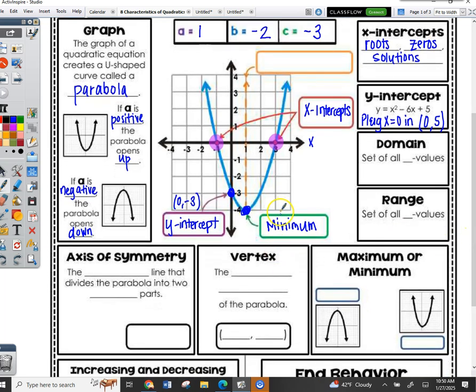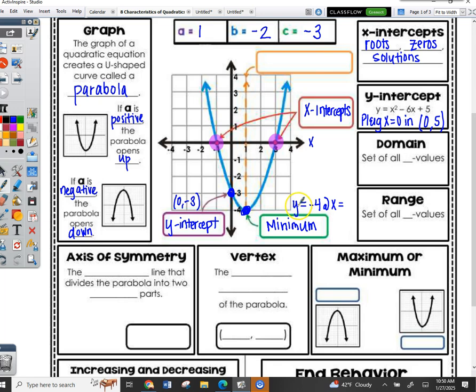Now, this example has a minimum, and you always want to read the y value here. It has a minimum, read the y value, -4. It has a minimum of -4 at, what's the x value there? What did you just write?